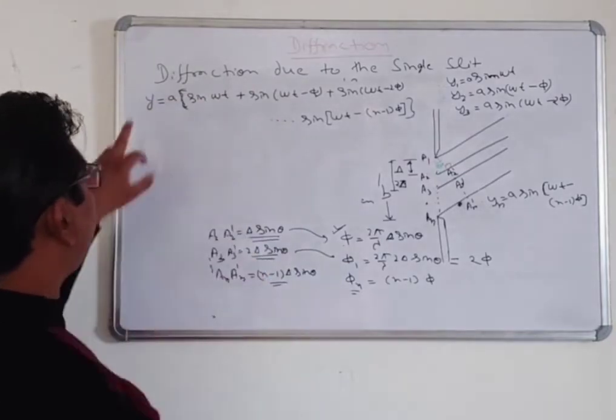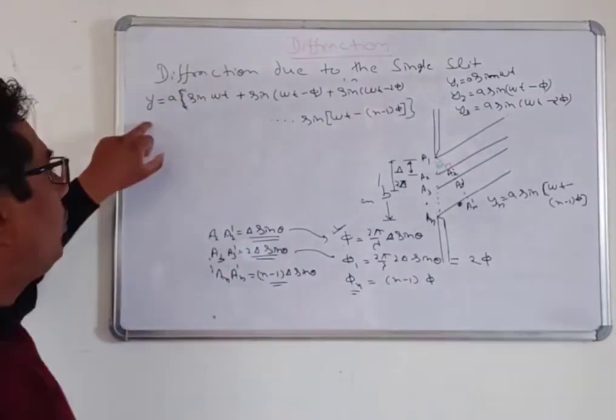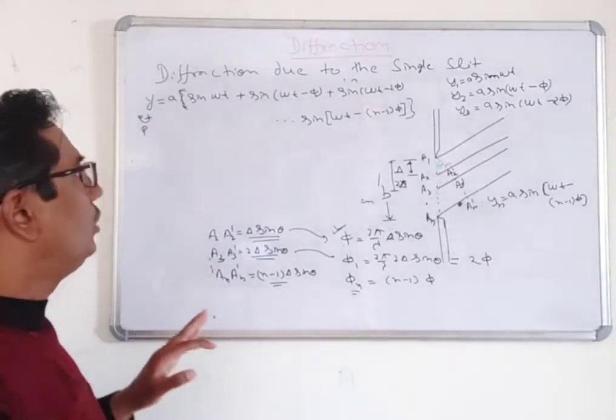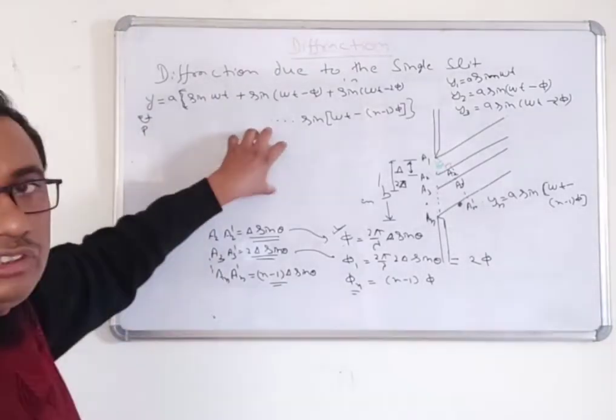Now it will be the resultant wave at a point P. Now, what is the sum of these waves?